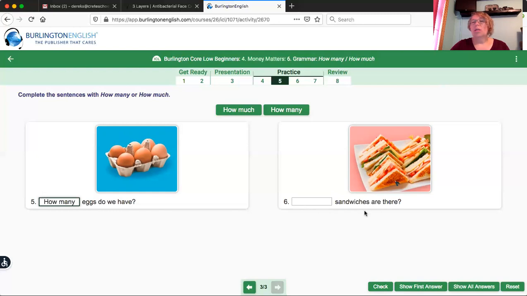Sandwiches. What is the question word for sandwiches? How many. Why? Sandwiches are countable. Let's say each of the questions together. Juntos. How many eggs do we have? How many sandwiches are there?